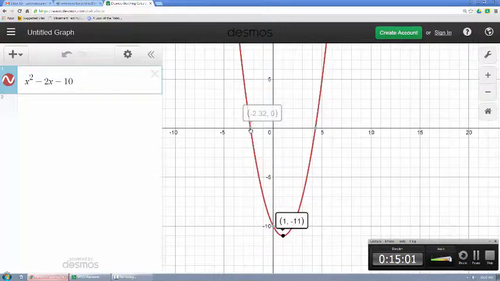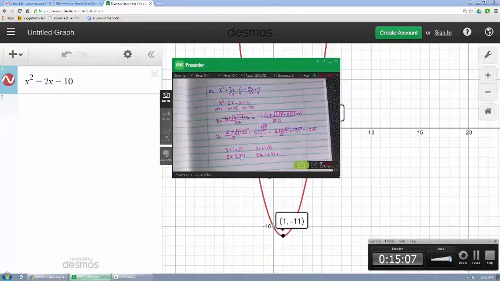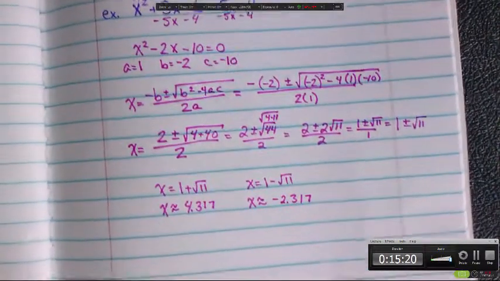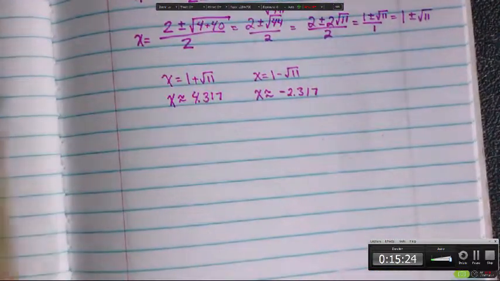It crosses the x at negative 2.32 and 4.32. Okay? So when we solve a quadratic, inevitably all we're doing is trying to find out where the quadratic is crossing the x-axis. If we were trying to use this for graphing.